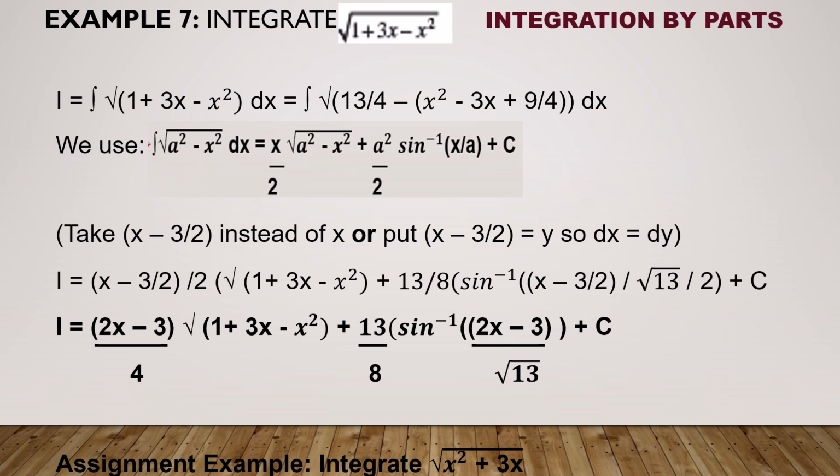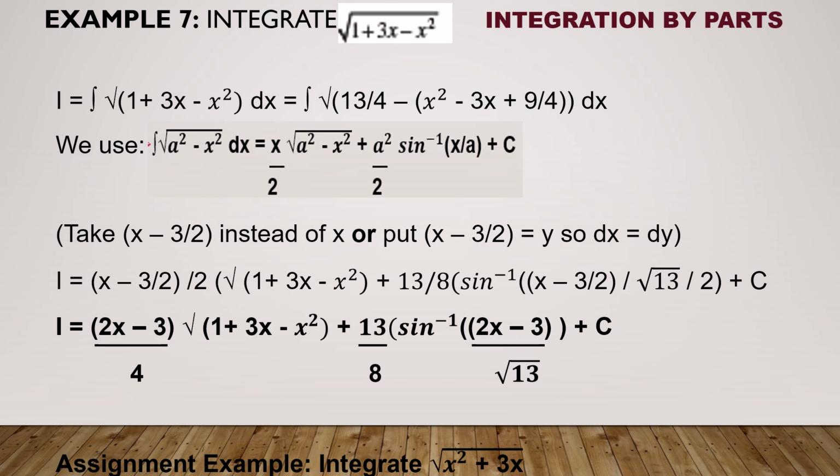So what has happened is the second bracket has become x minus 3 by 2 whole square. As I told you, 3x you cannot change, you have to keep it as it is, but using that, form the last term. So it is x minus 3 by 2 whole square. Now you already have the formula for root of a square minus x square.